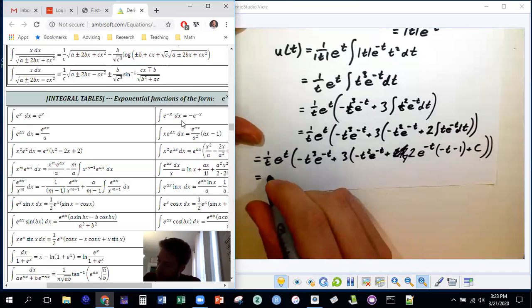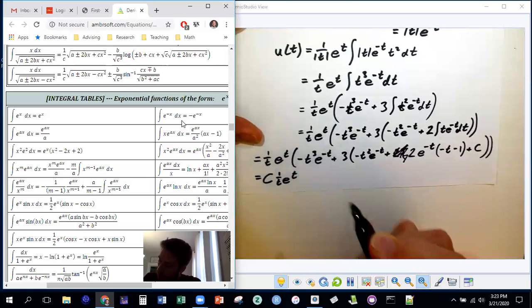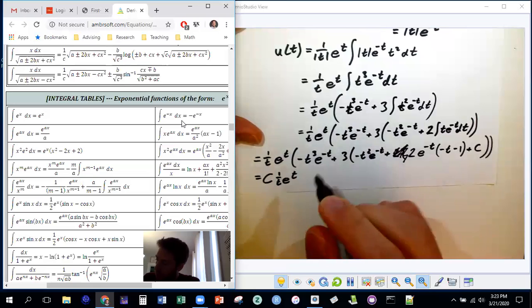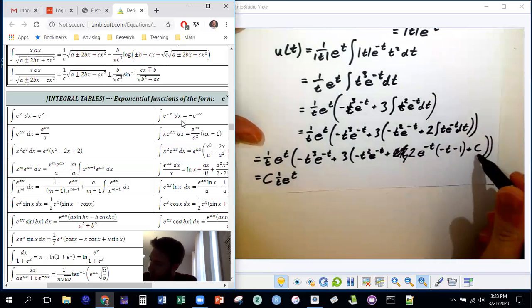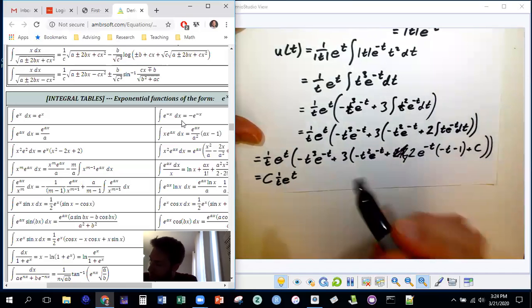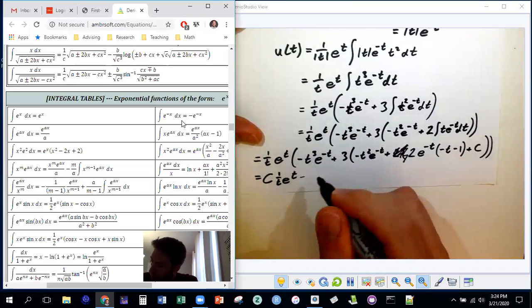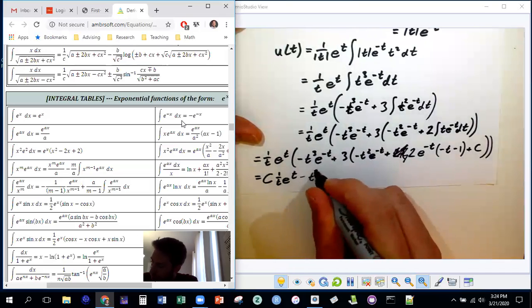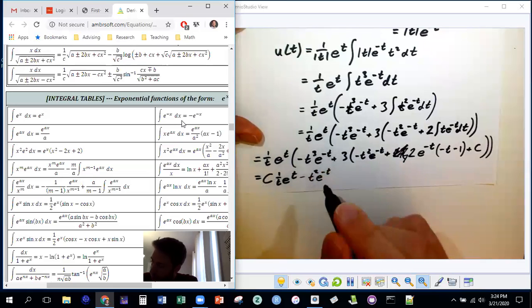So C times 1 over t e to the t, so that's the C times that, and then let's deal with our t cubed term first. So our t cubed term is just negative, so minus t squared e to the negative t. The t cubed and the 1 over t become t squared.